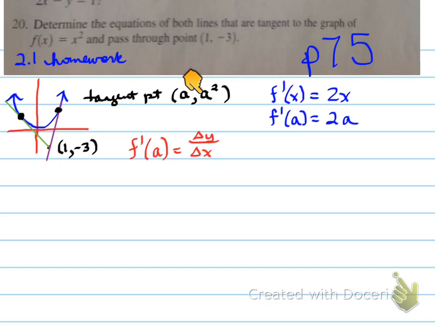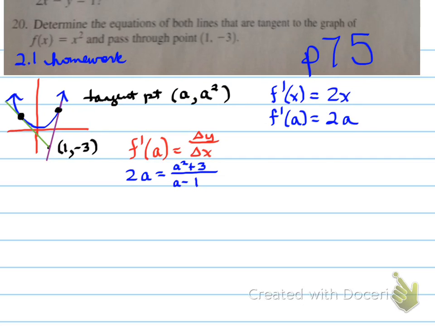Delta y means a squared minus negative 3, which turns into plus 3, and a minus 1 for delta x. That is equal to f prime at a. So we took delta y over delta x with the points in black and made it equal to f prime at a because that is also equal to the slope.